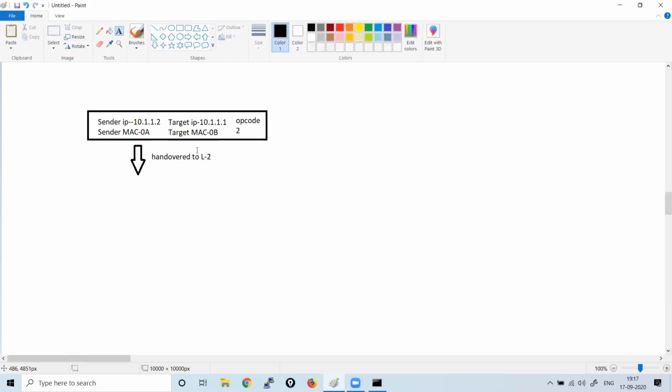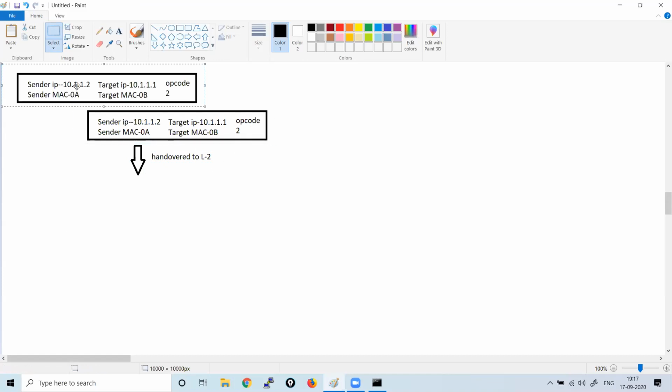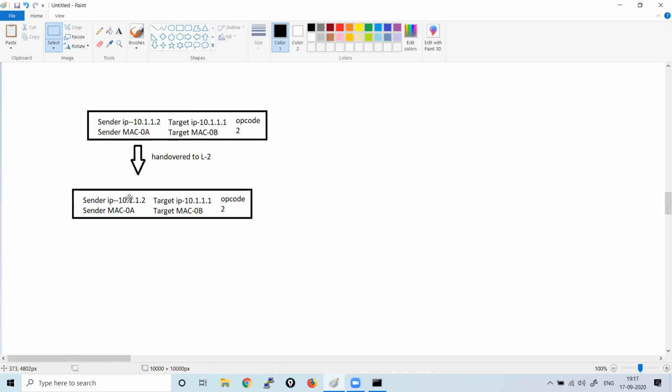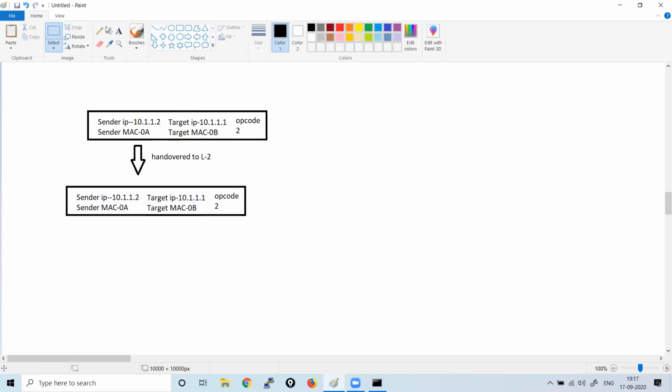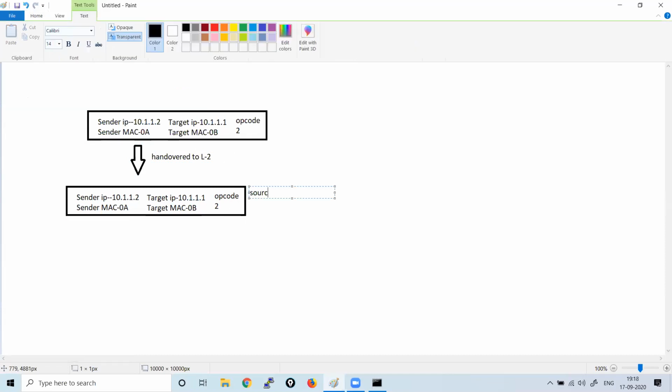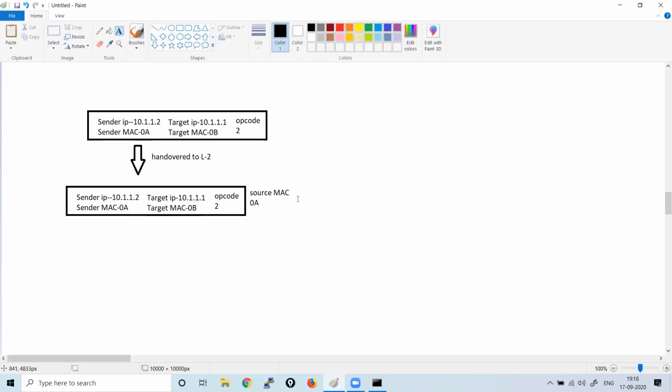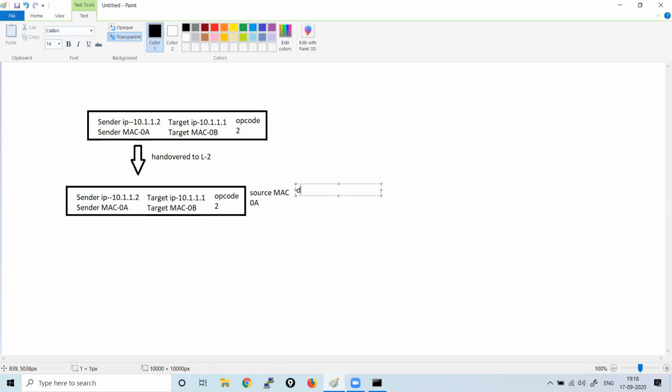Now layer 2, along with this one, he'll attach what? MAC addresses. Source MAC address 0A. Destination MAC address 0B.